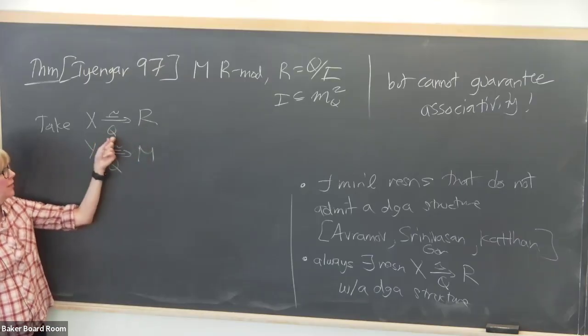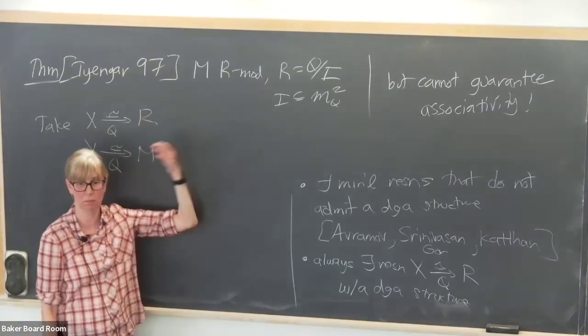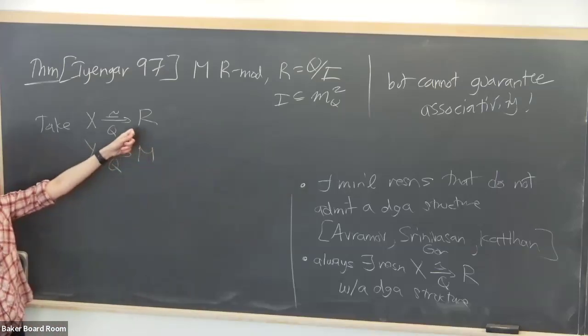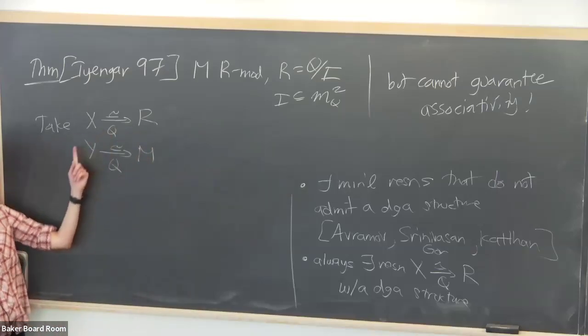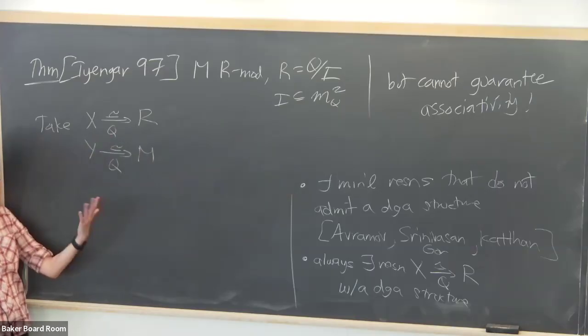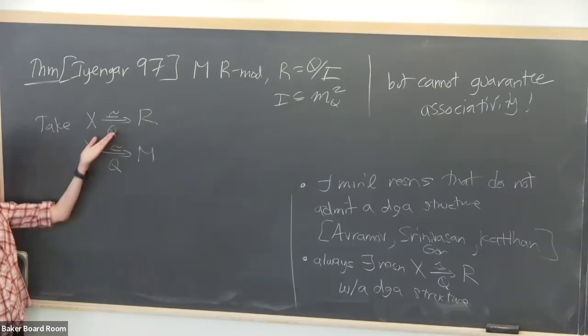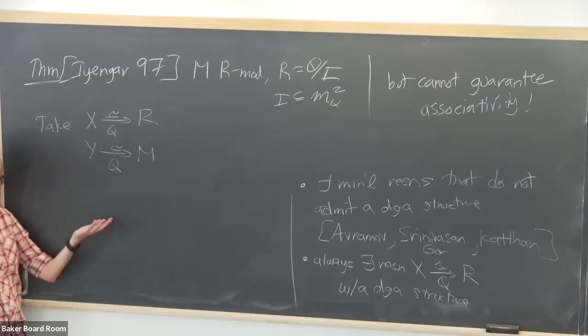But if Q is something like a regular ring, a polynomial ring, then finding the resolution of the ring and the module over Q might be easy. It's at least finite then, and so calculable. So perhaps X and Y are calculable.